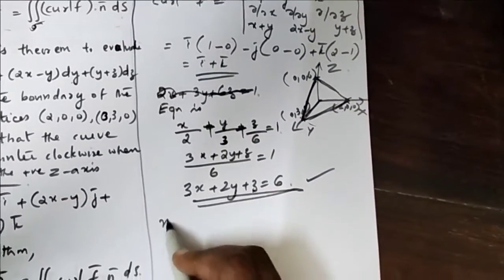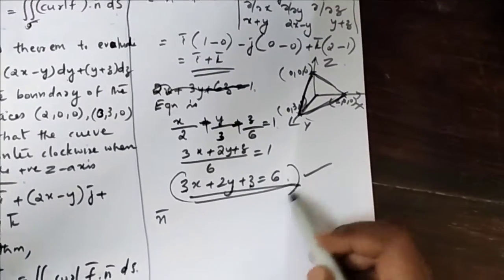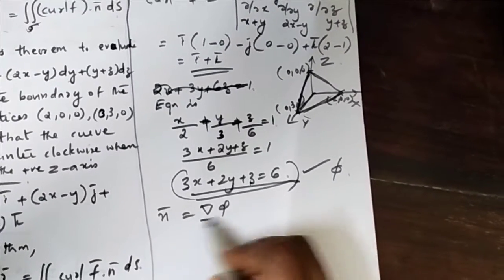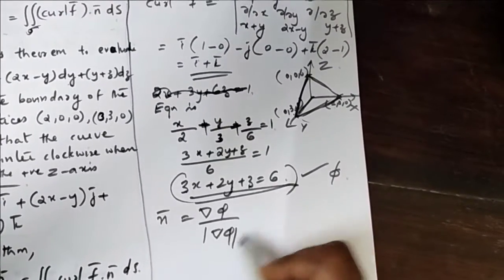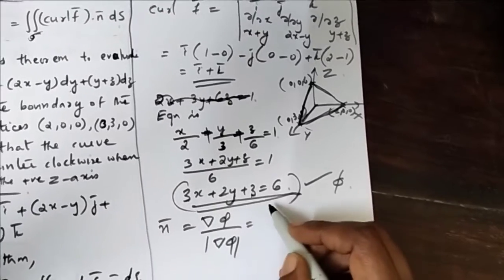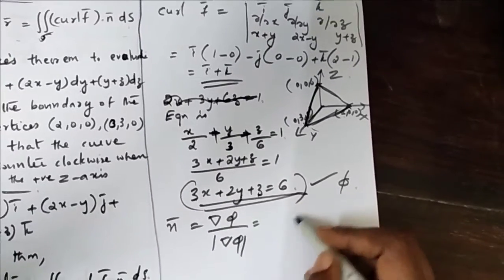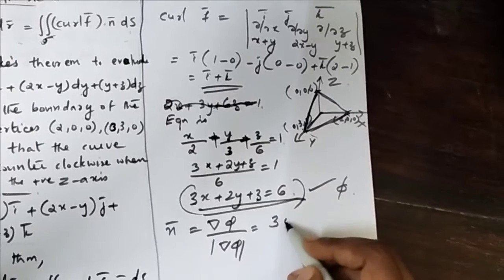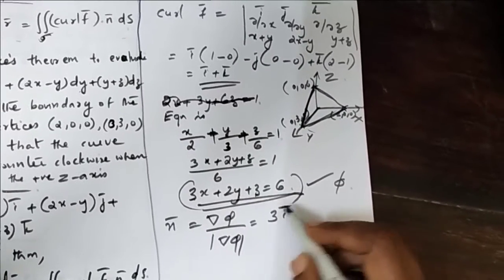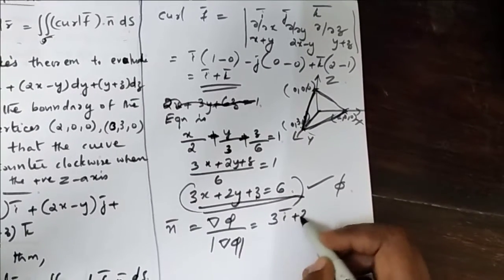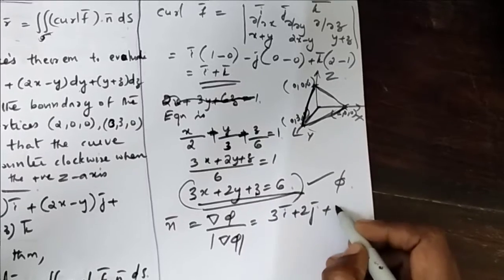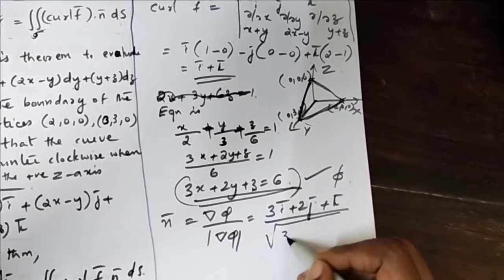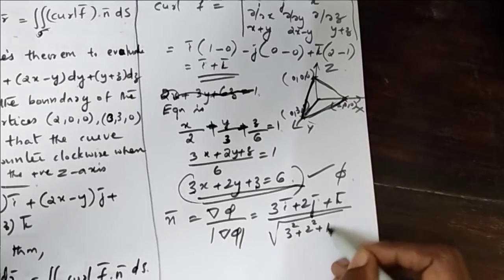So here how will you find n? Let the equation of the plane be phi, the surface phi. So n is del phi by modulus of del phi. So what is del phi? Dou phi by dou x into i plus dou phi by dou y into j plus dou phi by dou z into k. So dou phi by dou x is 3i, dou phi by dou y is 2j, dou phi by dou z is k, divided by its norm, root of 3 square plus 2 square plus 1 square.